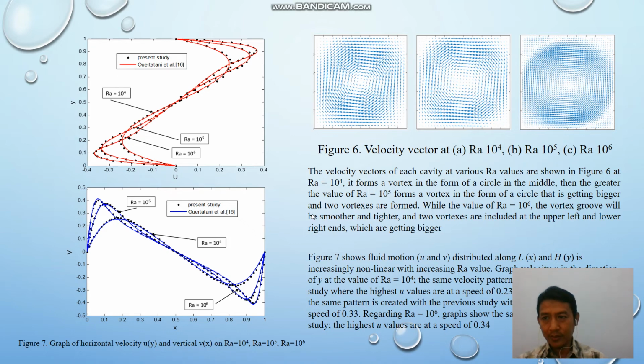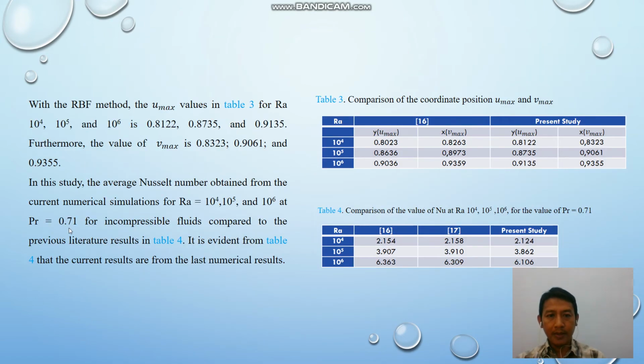Figure 7 shows that the velocities U and V distributed along the x direction and y direction are increasingly nonlinear with increasing Ra value. This is the graph of horizontal velocity and vertical velocity. And then this is table 3, comparison of the coordinate position of U max and V max, for Ouertatani and the present study.